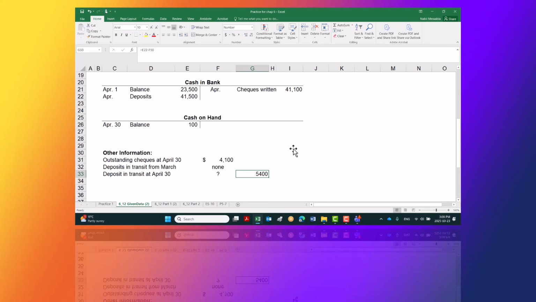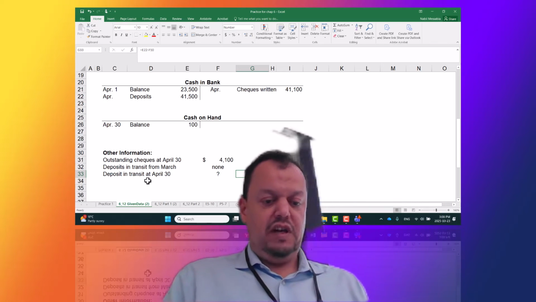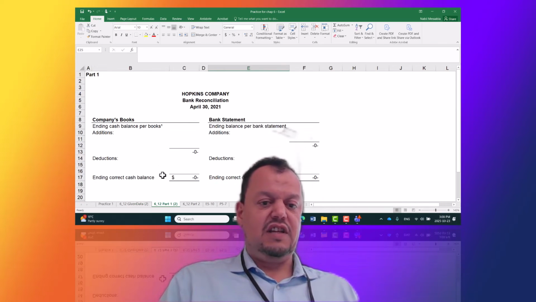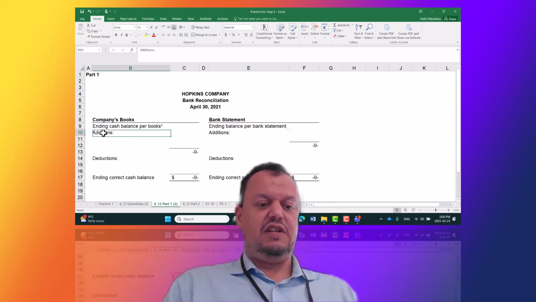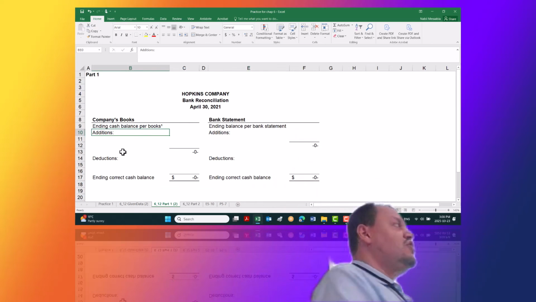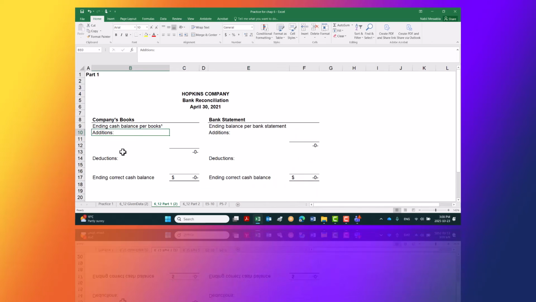Okay, so this is the information we need to make the bank reconciliation. The next sheet is to make the bank reconciliation. Go ahead. What should we do? This is the structure of the bank reconciliation. Unadjusted balance, or the balance before reconciliation, the cash balance as per the books, my accounting, and as per the bank statement, and then a list of additions and a list of deductions on every side.